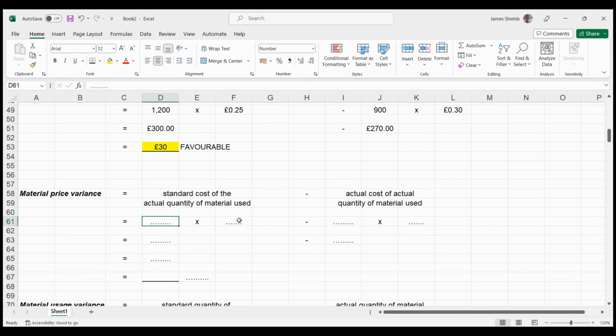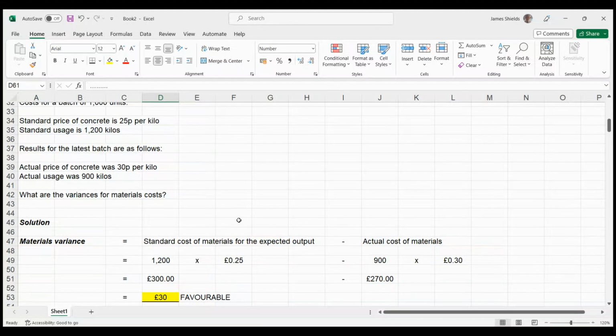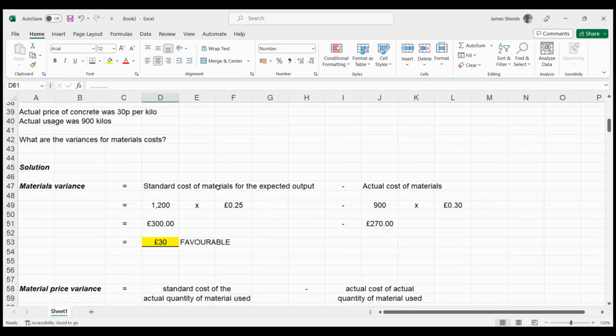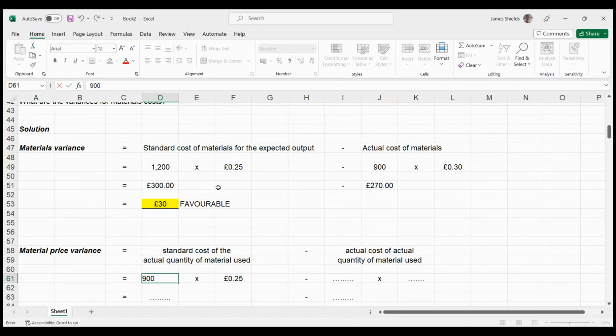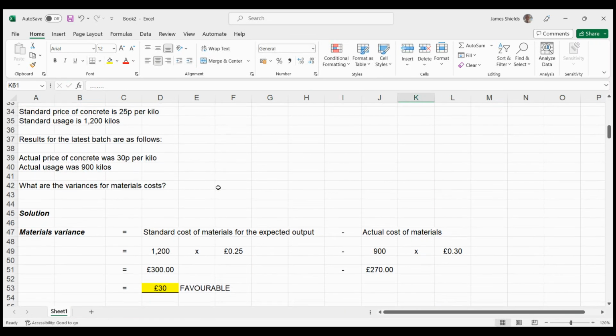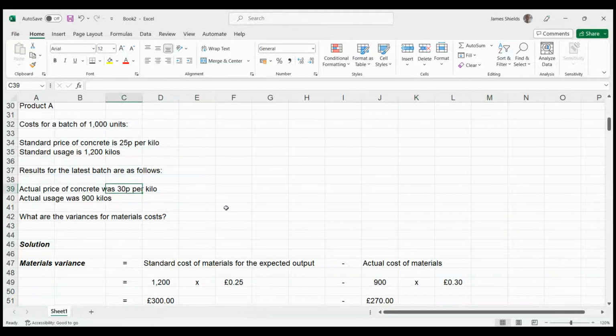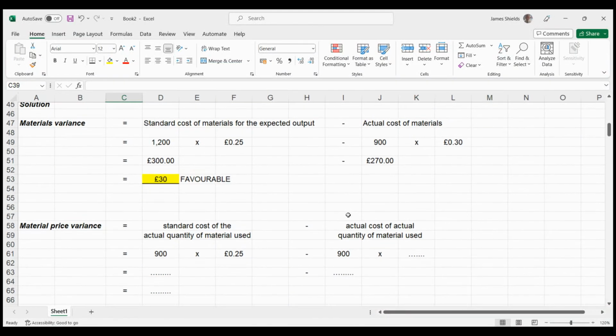Let's put that in, so that's 0.25 again. And the actual quantity, going to the actual one, was 900 kilograms. Take away the actual cost of the actual quantity used. So again, the actual quantity was 900. And the actual cost was 30p per kilogram. So it's going to be 0.30.